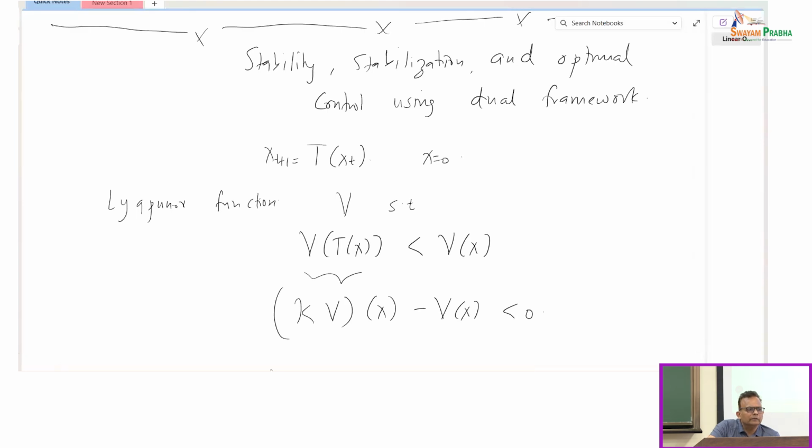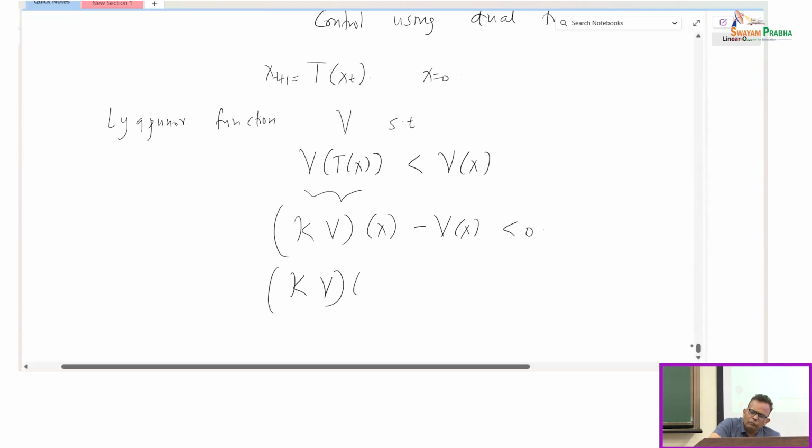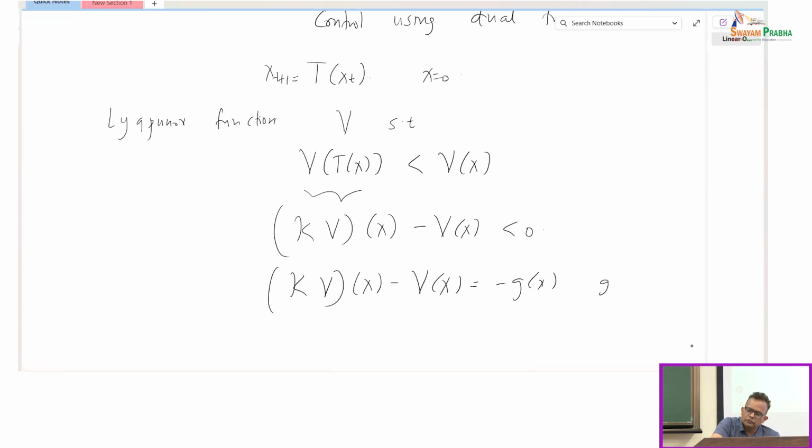So the Lyapunov equation can be written as a linear equation in terms of the Koopman. Okay, now I can also do a little bit more. I say KV(x) minus V(x) equals minus G(x) for some G which is positive.